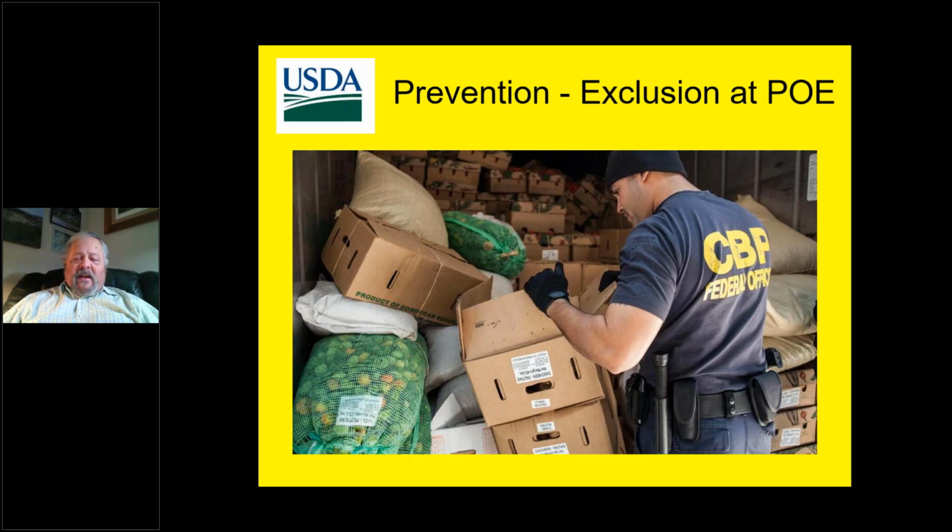In some cases, it can be returned to the point of origin. It could be destroyed on site, or in some cases, depending on circumstances, it could be treated, such as through fumigation.